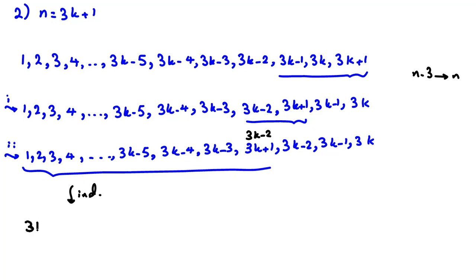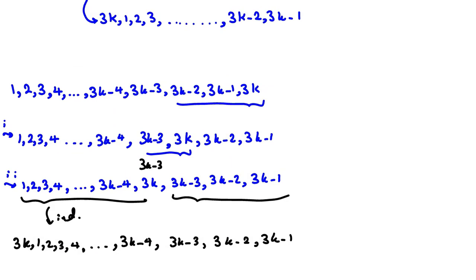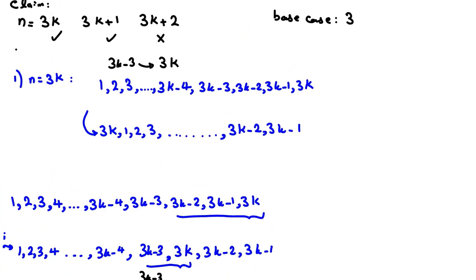So we can do 3k plus 1: 1, 2, 3, 4, 3k minus 5, 3k minus 4, 3k minus 3, and then also 3k minus 2, 3k minus 1, and 3k. Okay, we could reach this one, and we proved that if n is 3k or 3k plus 1, it is okay.